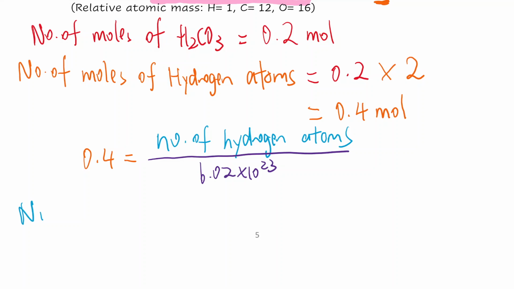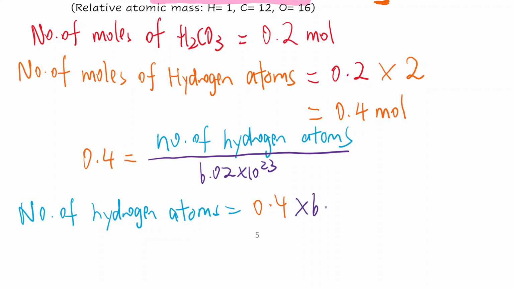And therefore your answer would be number of hydrogen atoms is equal to 0.4 times 6.02 times 10 to the power 23. And the answer you get should be 2.41 times 10 to the power 23.